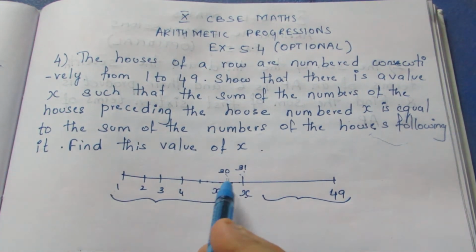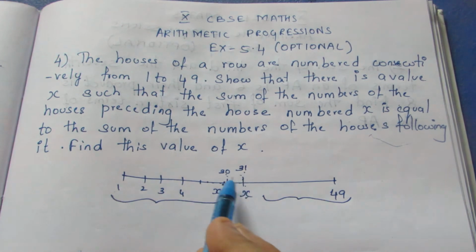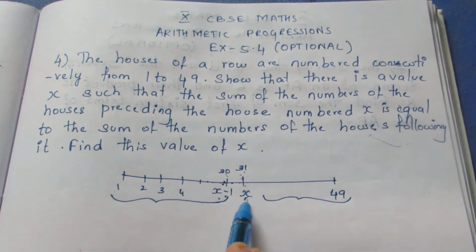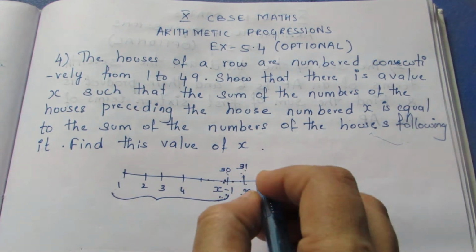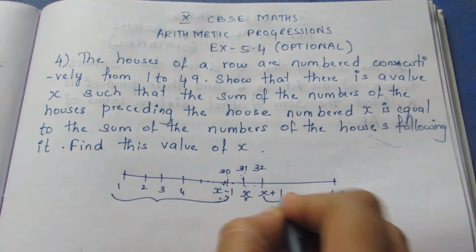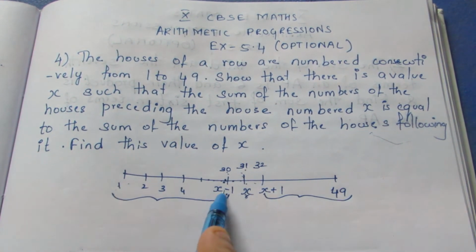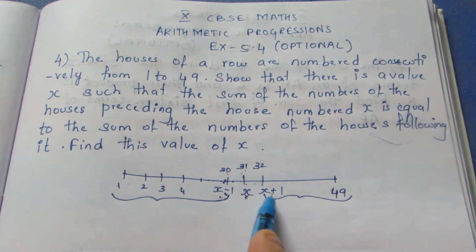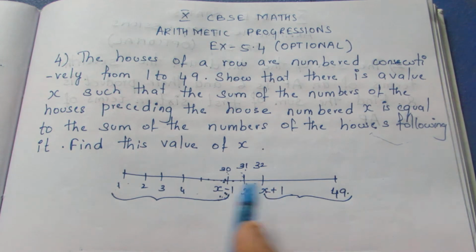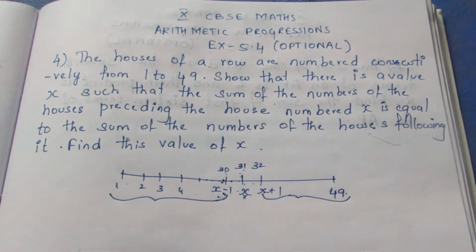The next house will be 32, that is 1 more than this. So they have told us that the houses 1 to x minus 1 and the houses x plus 1 to 49 have equal sums. This sum is equal to this sum.